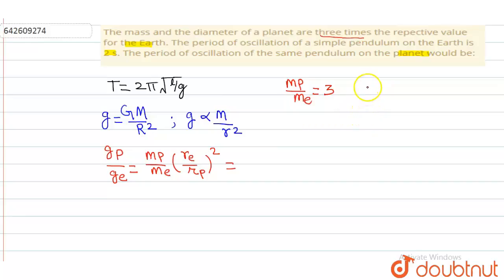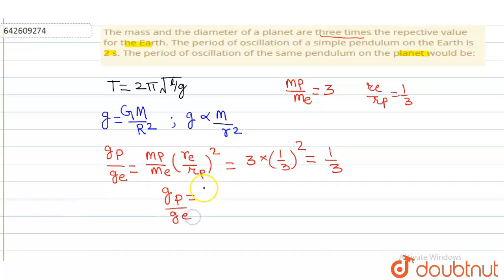So R E by R P can be written as 1 by 3. Putting these values here, this is 3 into (1 by 3) whole square, that comes out to be 1 by 9 into 3, which is 1 by 3. This is the relation: G of P divided by G of E is 1 by 3. We have found this relation.